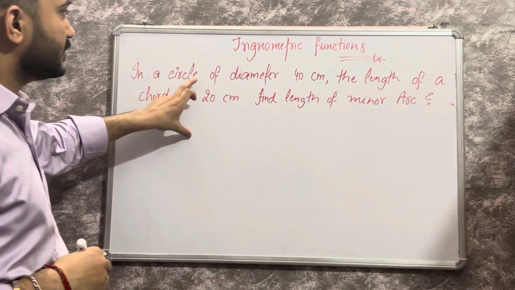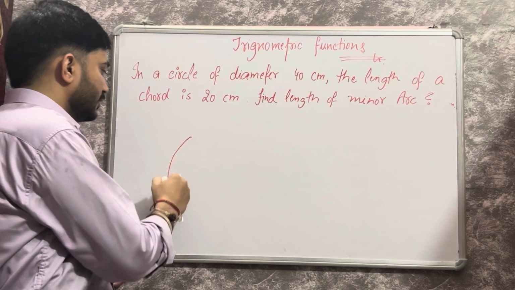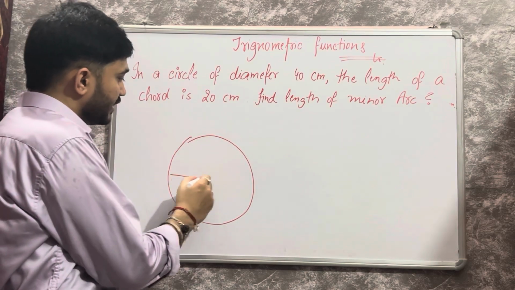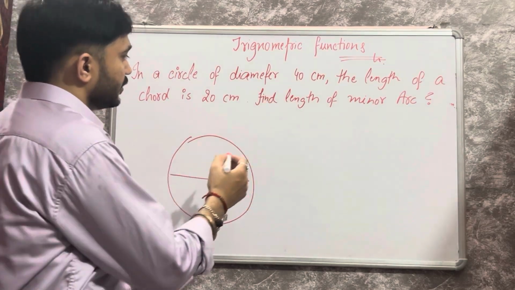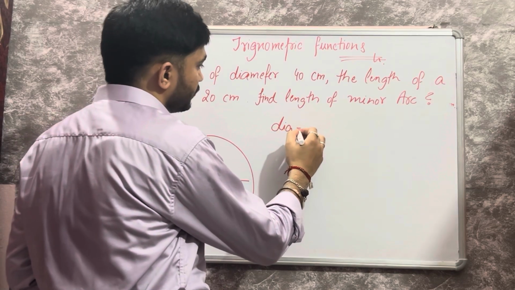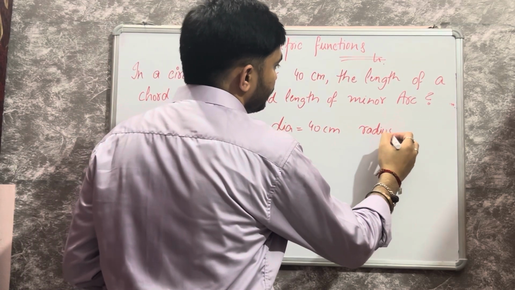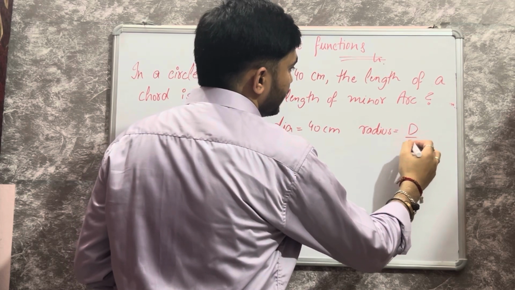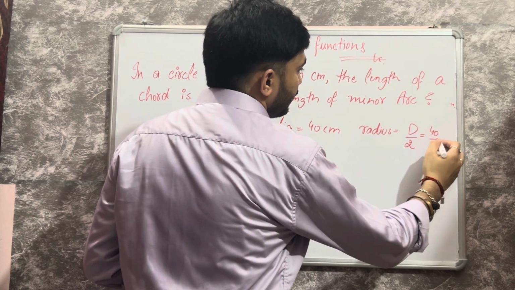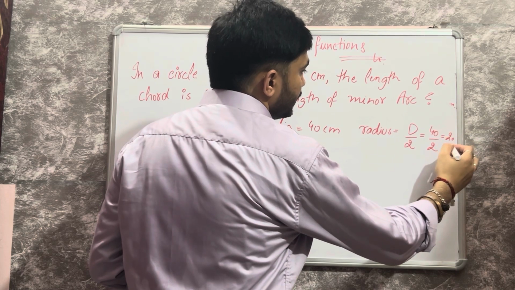Here, a circle is given to us whose diameter is 40 centimeter. If the diameter is equal to 40 centimeter, then the radius will be diameter divided by 2. That is 40 divided by 2 is equal to 20 centimeter.